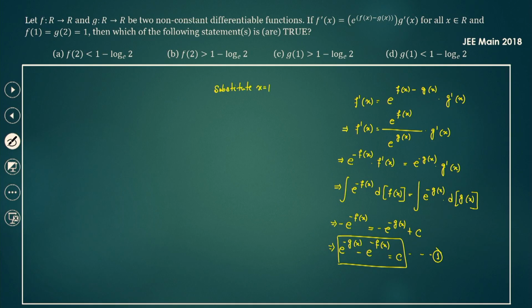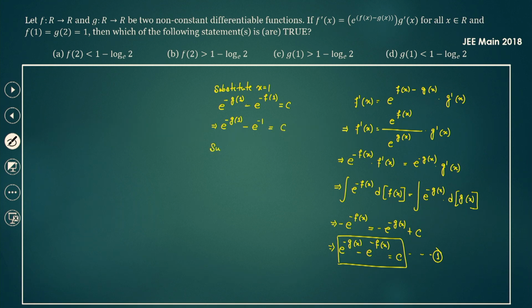If I substitute x equal to 1, we see that e to the power minus g1 minus e to the power minus f1 is equal to the constant. It's given that f1 is 1, which implies e to the power minus g1 minus e to the power minus 1 is equal to c.